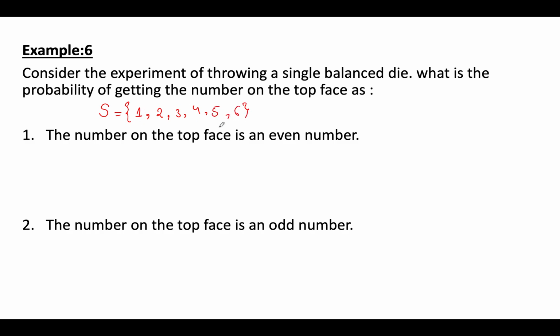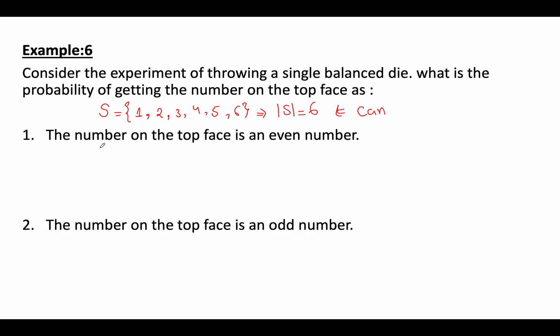Those are all the possible outcomes for this experiment, so the number of sample points in the sample space is equal to 6. This is all I can get from the experiment.